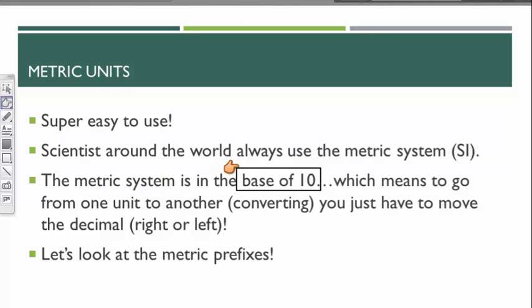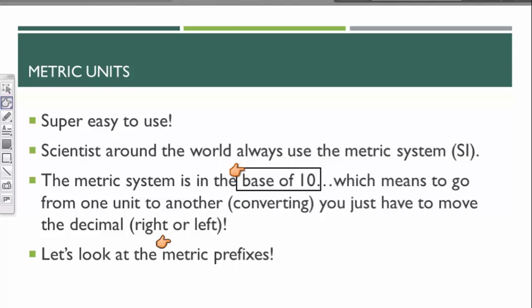So a lot of times we might work with like 10 or 100 or 1,000. Because you are going from one unit to another, or converting, today you just have to move the decimal left or right. And the only reason why that works is because the metric system is in a base of 10. It has those zeros on it, so it's very easy to multiply and divide.